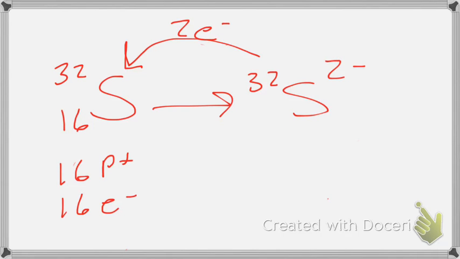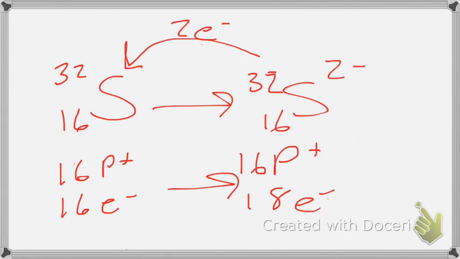It still has the same mass number and proton number, 32 and 16. So it still has the same proton number of 16, but now it has 2 more electrons, giving it 18 electrons total. All right? So that's kind of how anions and cations work.